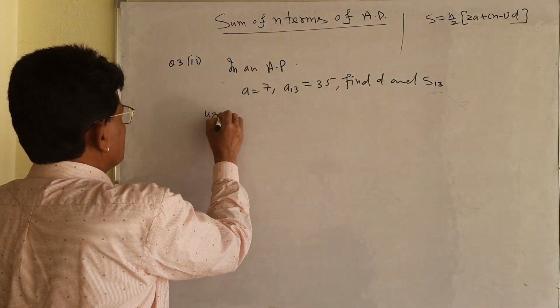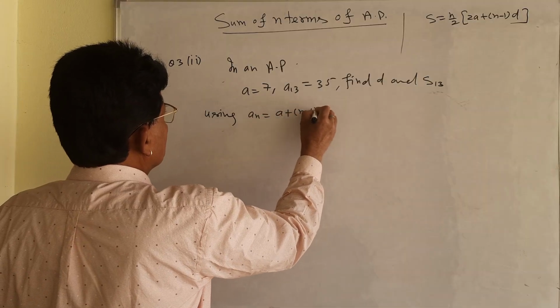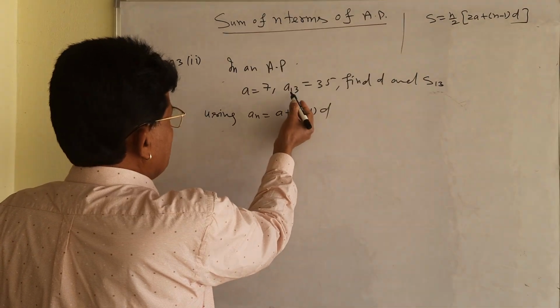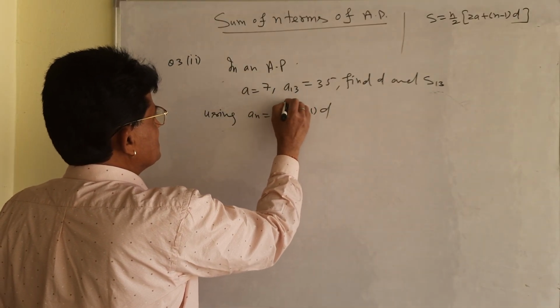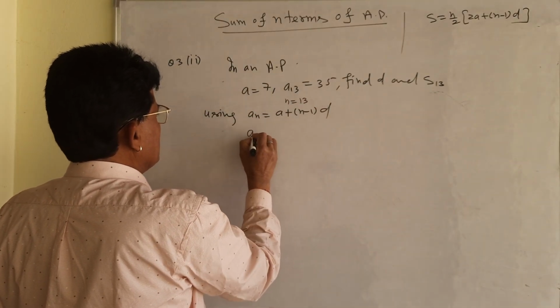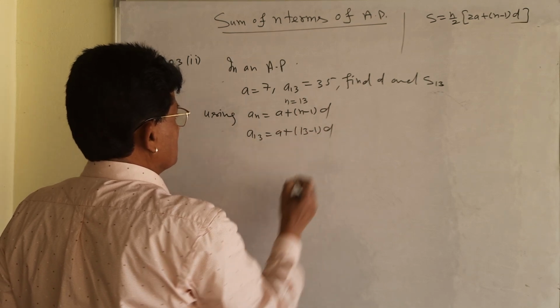Using the nth term formula, a plus (n minus 1) into d, and n is equal to 13. A13 means n is equal to 13, so a13 will be equal to a plus 13 minus 1 into d.